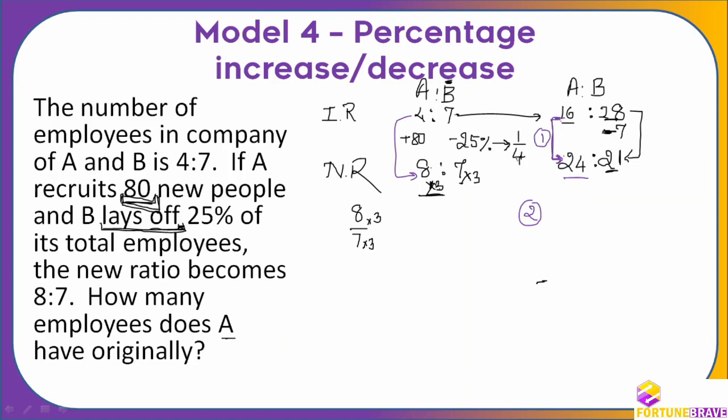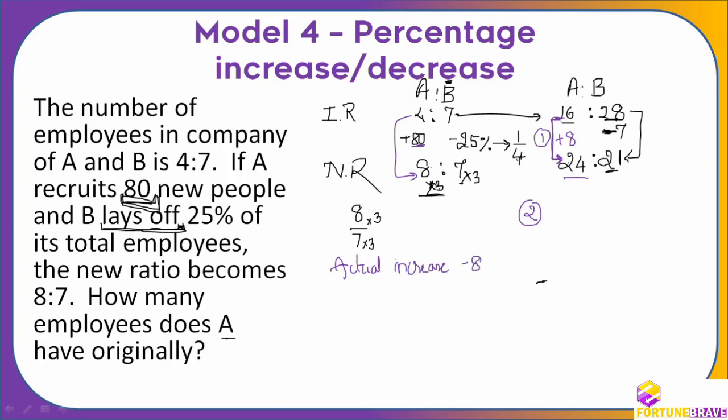Now you can see 16 and 24. There is an increase in the ratio. How much is the increase? We can see the increase is by 8. Once you see that, the actual increase is how much, my dear friend?